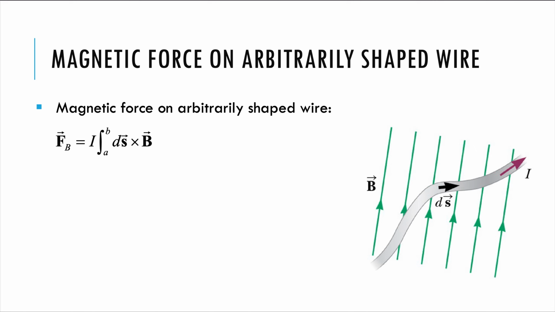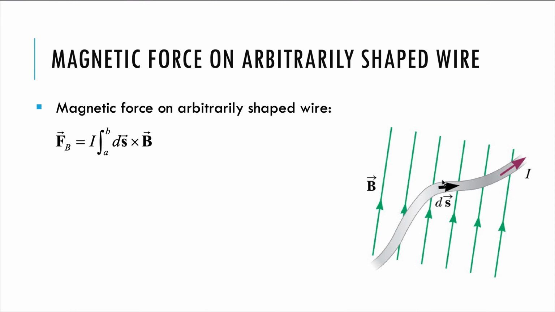The last thing that we want to look at is the force on an arbitrarily shaped wire. What if the wire is not straight? How do we find the force on that wire? So this is the expression, and I have the final product here, but basically what you do is, just like we did in electric field and potential calculations, where we broke up our charge into a whole bunch of infinitesimal little charge segments, here we break up our current into a whole bunch of infinitesimal segments, and we call them ds.